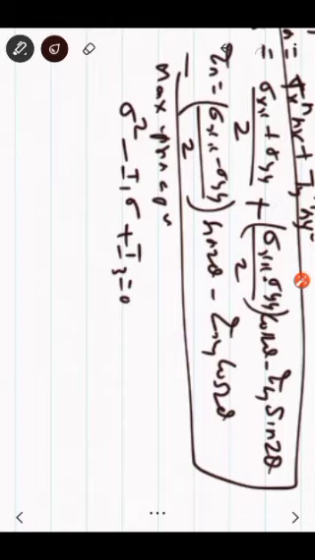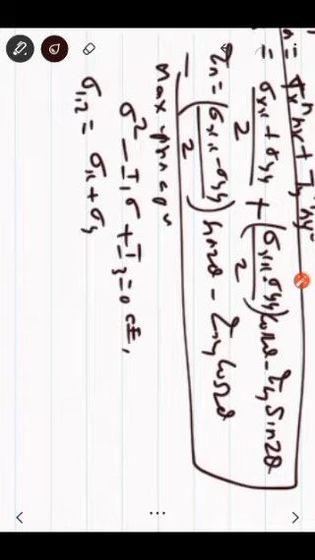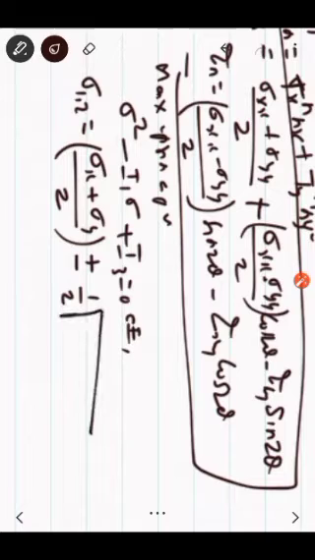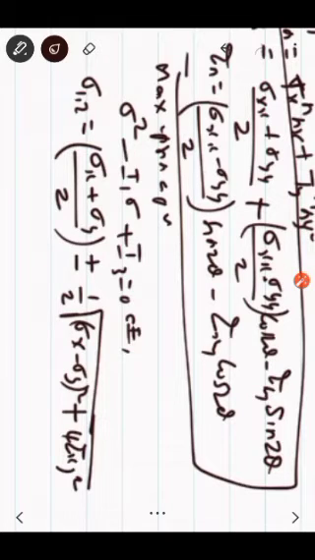This is the characteristic equation, and it will have two roots, sigma 1, sigma 2 equal to sigma x plus sigma y by 2 plus or minus half of the square root of sigma x minus sigma y the whole square plus 4 tau xy square. So this is the formula.